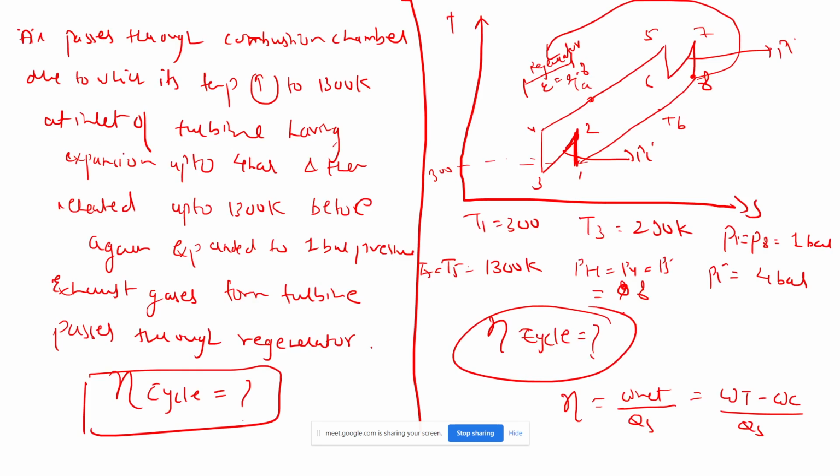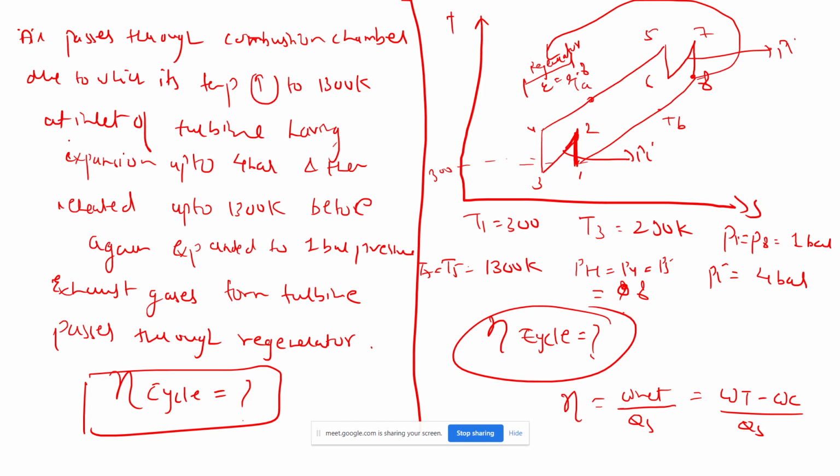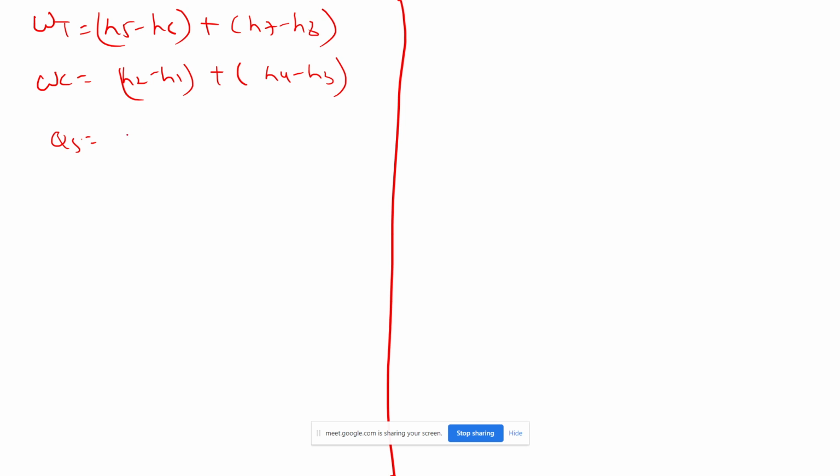Yes, heat rejected, but we have to mention that in the problem too. But we are considering only heat input. So heat addition will be H5 minus H4 plus H7 minus H6.